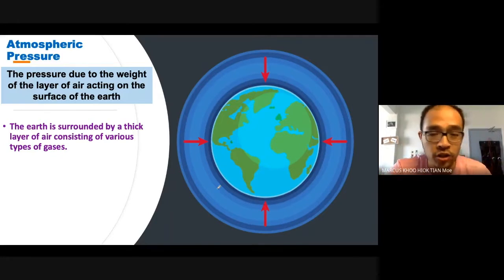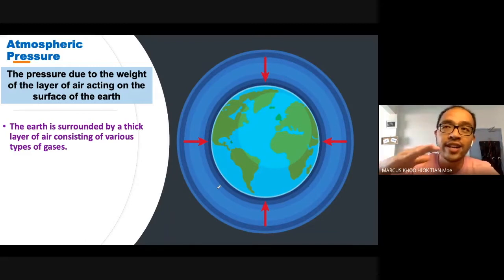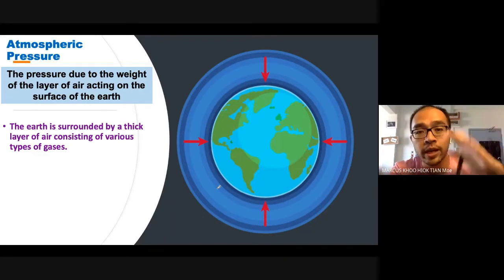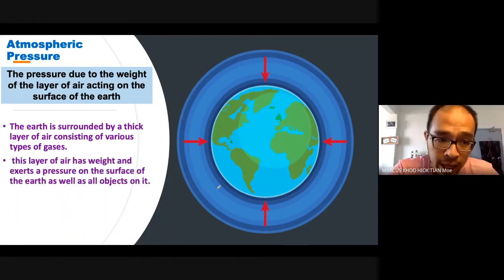If you remember your geography, ada this sphere, stratosphere, something sphere, bahkan. Okay, so that's geography lah. But for us, we know that it's different types of gases, and this layer of air has weight. Okay, because dia ada berat, dia akan mengenakan tekanan. It will exert a pressure on the surface of the earth as well as all objects on it.